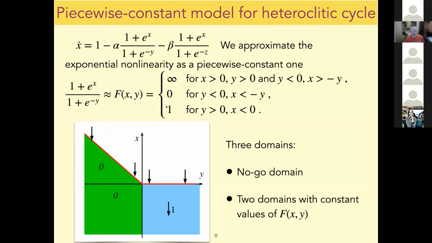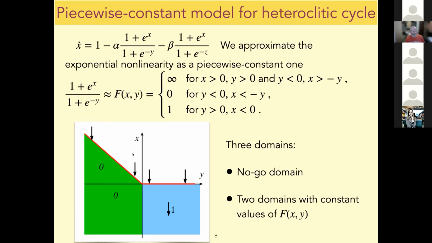It could be 0, it could be 1, or it could be infinity. These areas are here: there is 1 in this area, 0 in this green area, and there is also infinity, and this is a no-go area. You cannot enter this area.